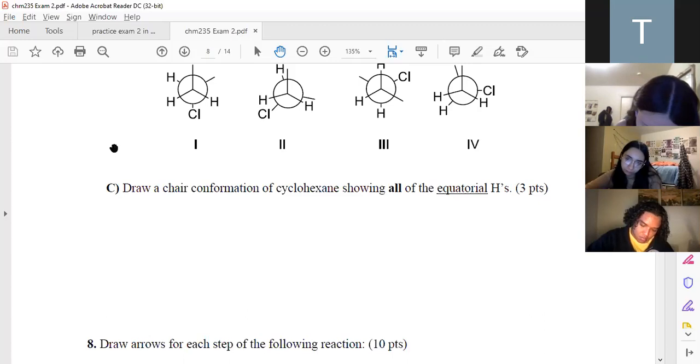Okay. So while you're doing that, I'm just going to draw the chair conformations.